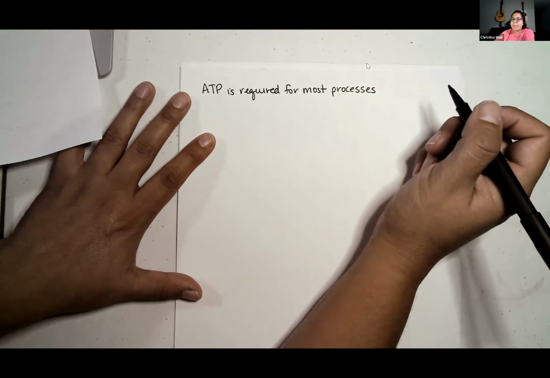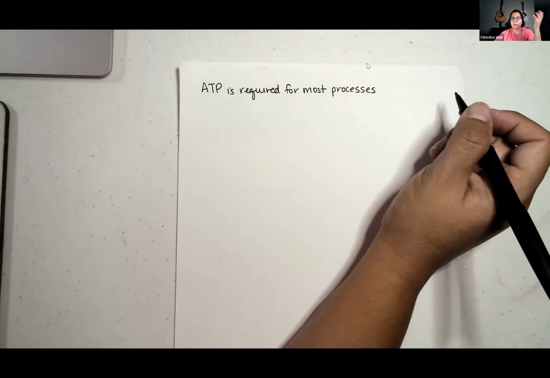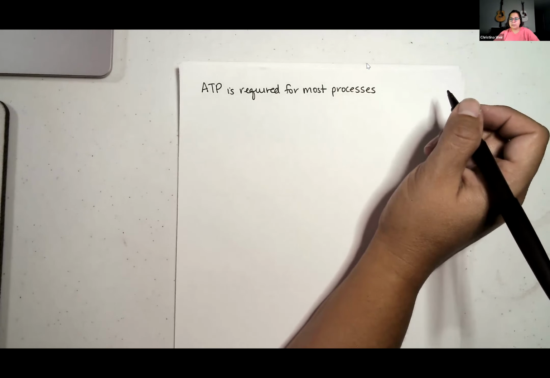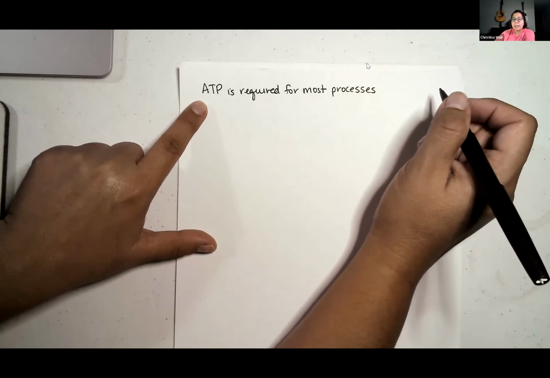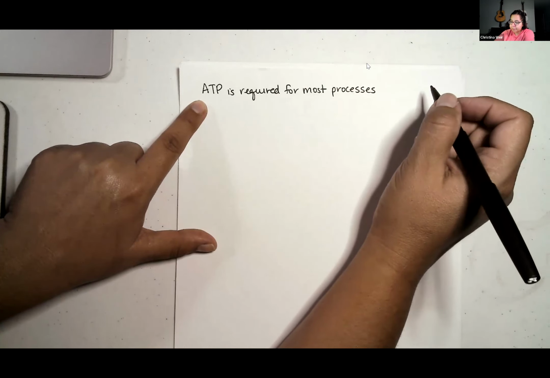Those don't require any ATP. They do have energy from the universe, but it's not energy as provided for the cell, from the cell. The cell doesn't make diffusion happen, doesn't make osmosis happen. It's a natural process. But there are other things that do require ATP. The cell has to make them happen.